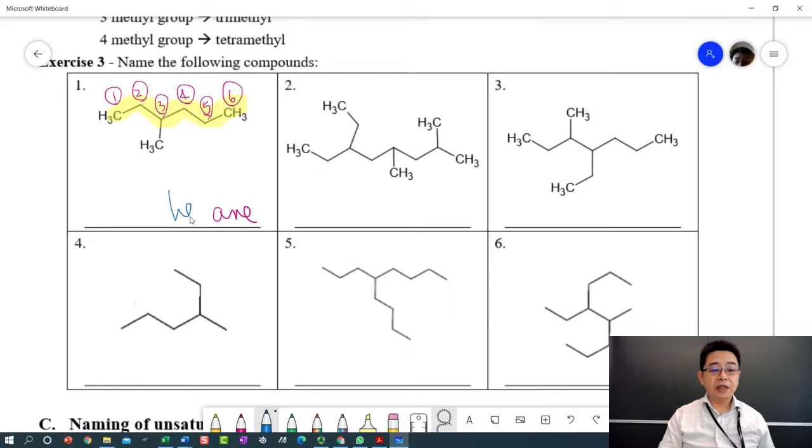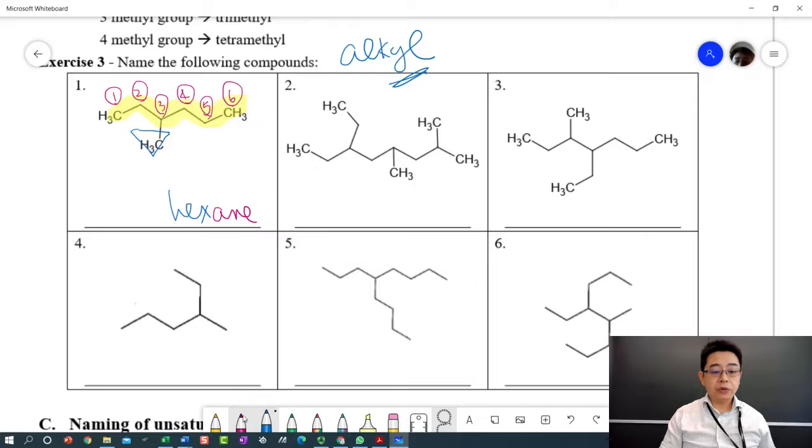I use another color for that. So the second column, right? Parent chain, longest, hex, right? And then we work for the substituent. I see a side chain here, represented by a triangle. A side chain with one carbon, so it's a hydrocarbon alkyl group, right? It ends with YL.